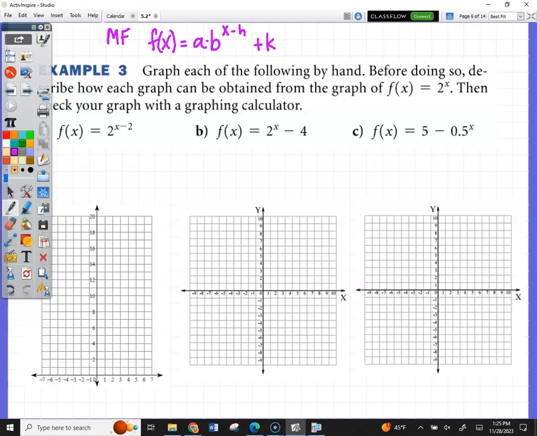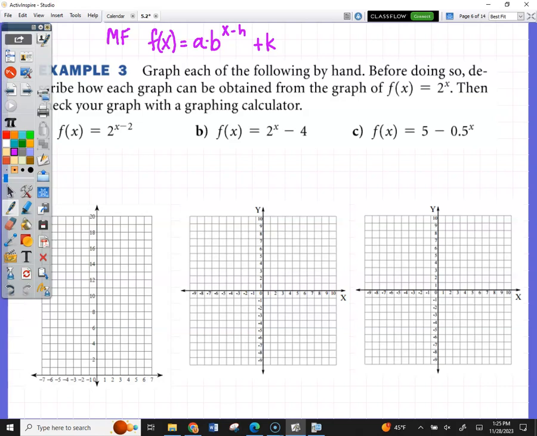Then you have the base of the exponent, which is where you know if it's growth or decay. In the exponent's position, a plus or minus number is a right and left movement, moving the whole graph right or left. A plus or minus number on the end is an up and down movement. Take the whole graph and go up or down with it.